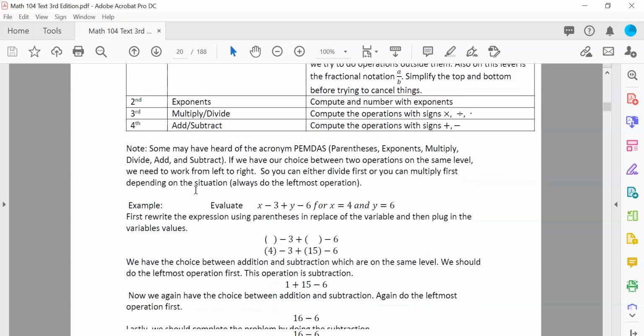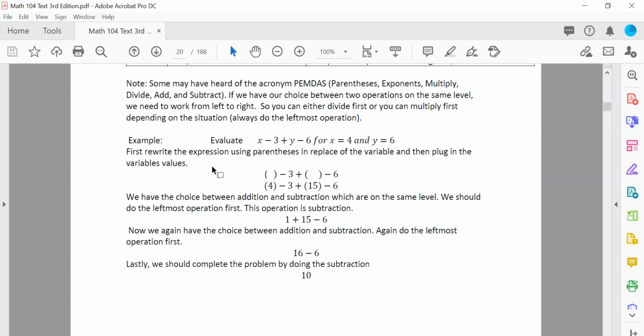For instance, we look at an expression like x minus 3 plus y minus 6, and we want to evaluate that when x is 4 and y is 6. So we'd plug in 4 where I see the variable x here. Usually we do that inside of parentheses. And I plug in the 6 for the variable y. And again, we do that inside of parentheses.